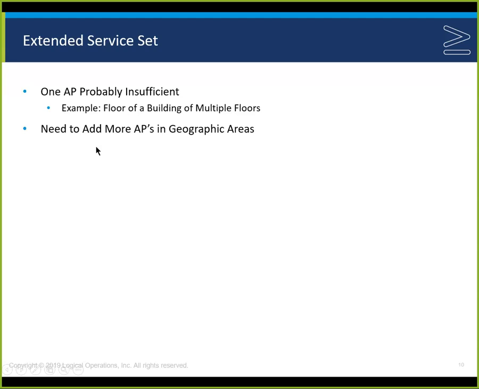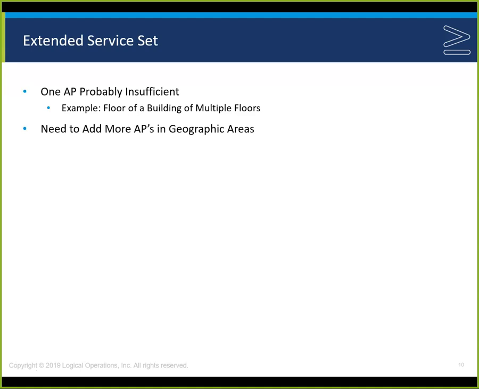Extended service set, we need more access points for different geographic areas, different floors, different parts of maybe a warehouse. One of the things that will happen with this is in a warehouse, the fork driver, the guy that's getting the stuff out, getting it ready to ship, bringing it to you to go from one to the other, and then when it comes in on the truck, a whole bunch of them are putting it away, needs to get information and needs to send information.